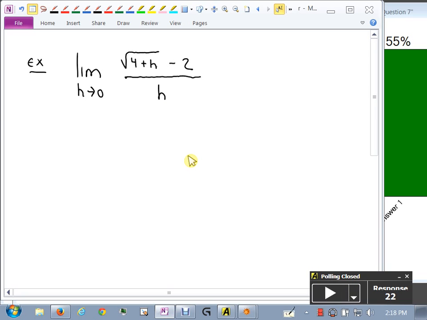So what happens if I let h go to 0 here? You get 0 over 0, which is one of the bad scenarios, so we need to do some algebra, right?